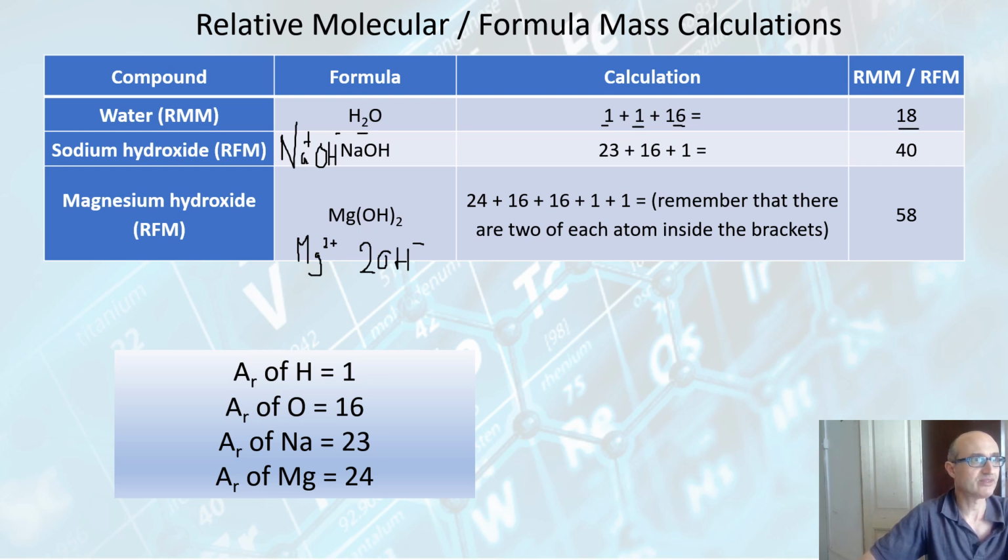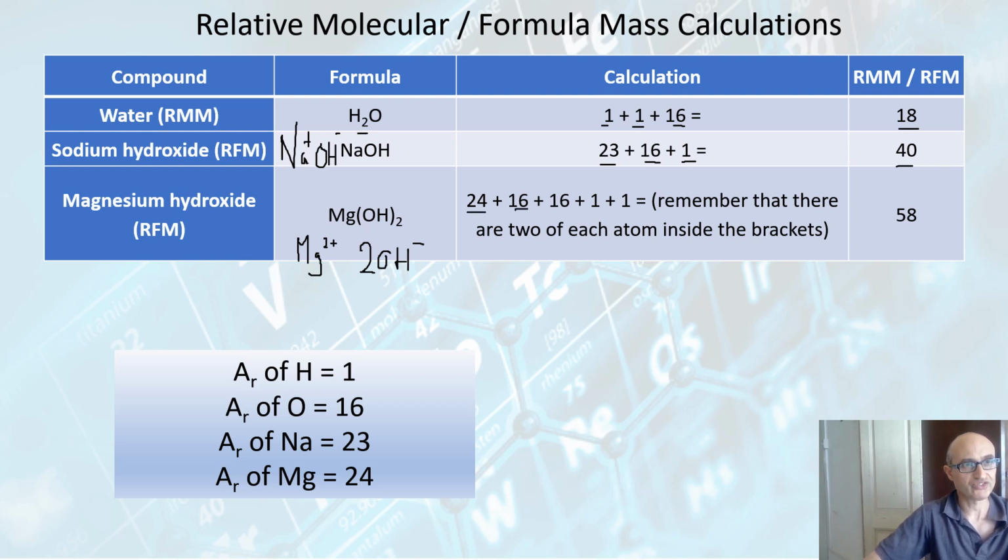If I had to look at sodium hydroxide, all atoms appear once, so that's sodium, that's oxygen, that's hydrogen. Together they give us a relative formula mass of 40. If I had to look at magnesium hydroxide, don't let it confuse you. The 2 outside the brackets means that both the oxygen and the hydrogen have to be doubled. So magnesium is done once, it's 24.